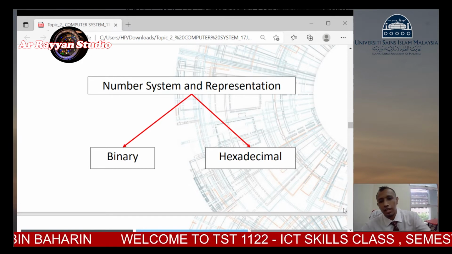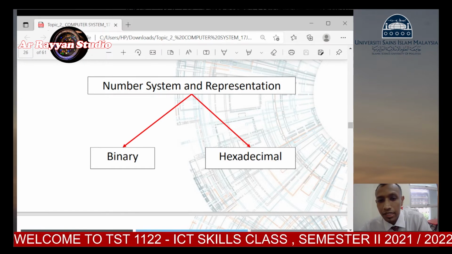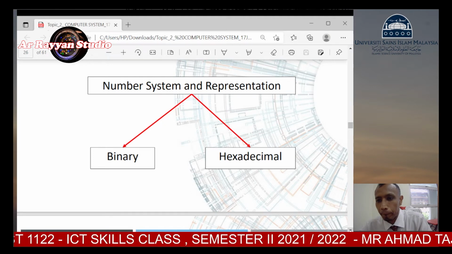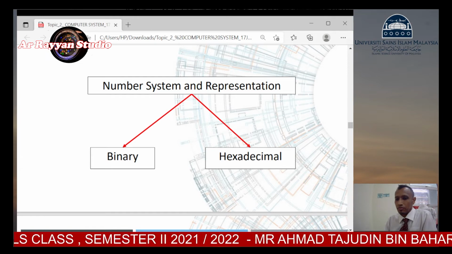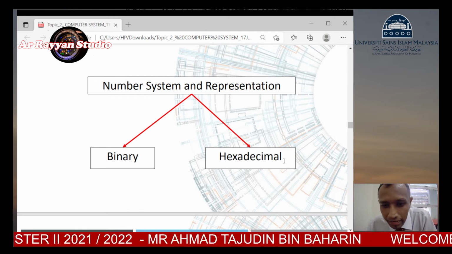Alright, so here we learn hexadecimal. So hexadecimal ni makna dia berapa? Hexadecimal berapa? Kuasa berapa? Hex. 6. Yes. Hexa 6 decimal 10.